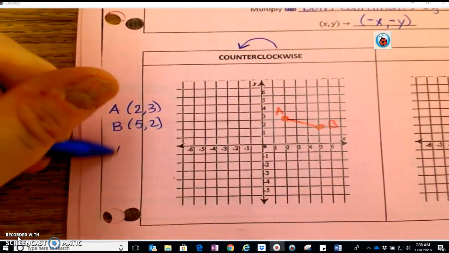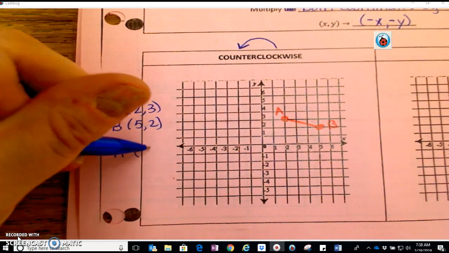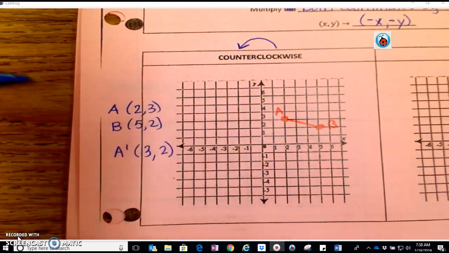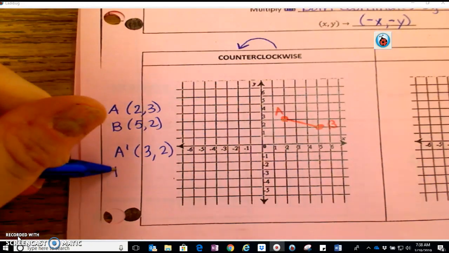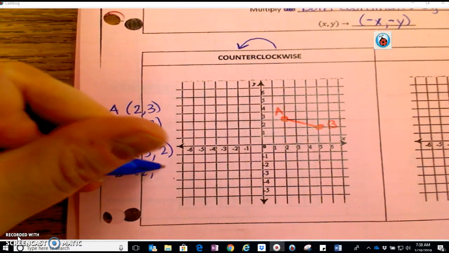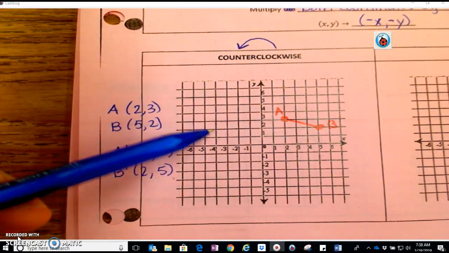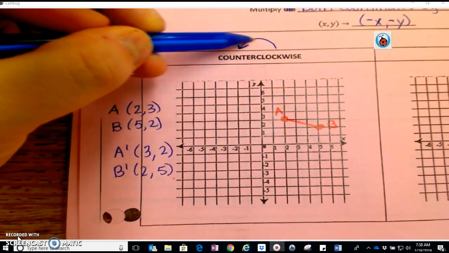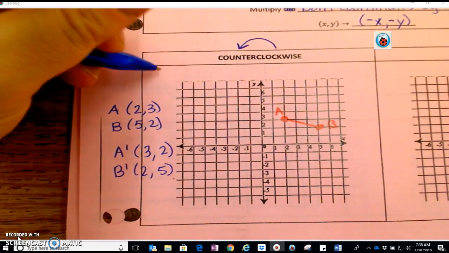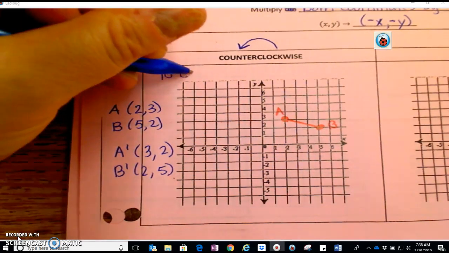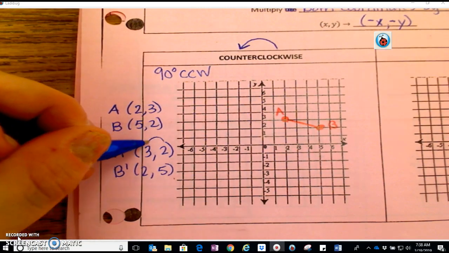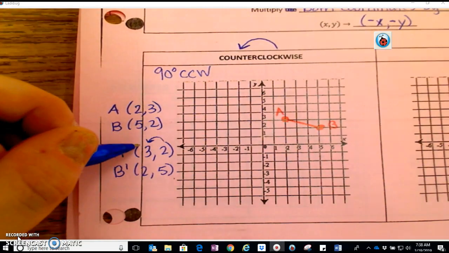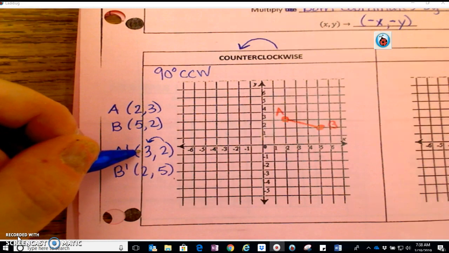So what I would do here is A prime, and I know that they have to switch. But if I can't remember which one becomes negative, that's okay. Let's just go ahead and switch them up first. Because we're doing a 90 degrees counterclockwise, I'm going to draw my arrow going to the left, so that means the one on the left becomes the opposite.